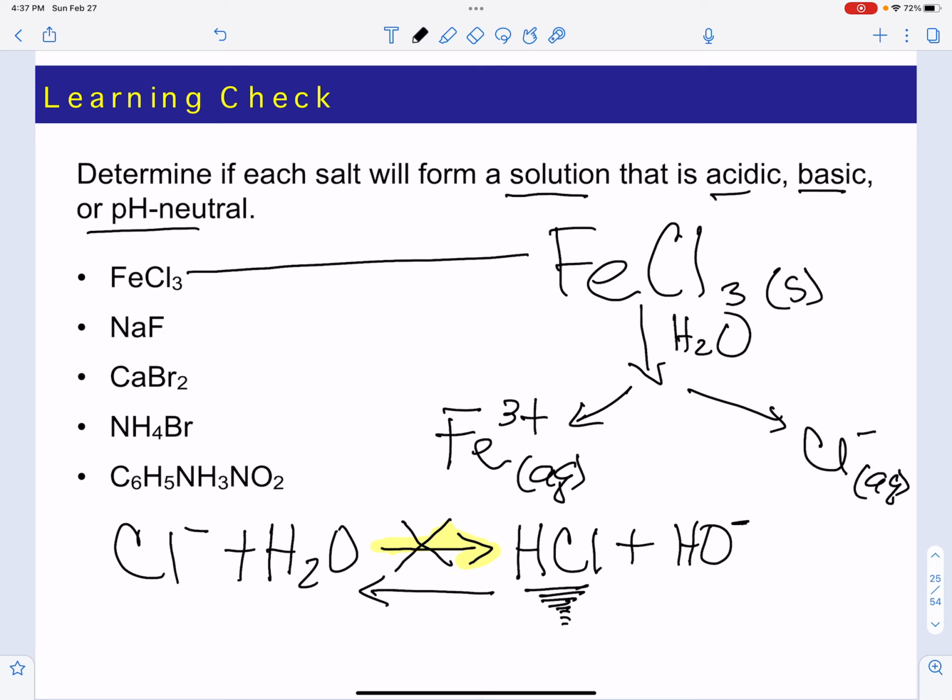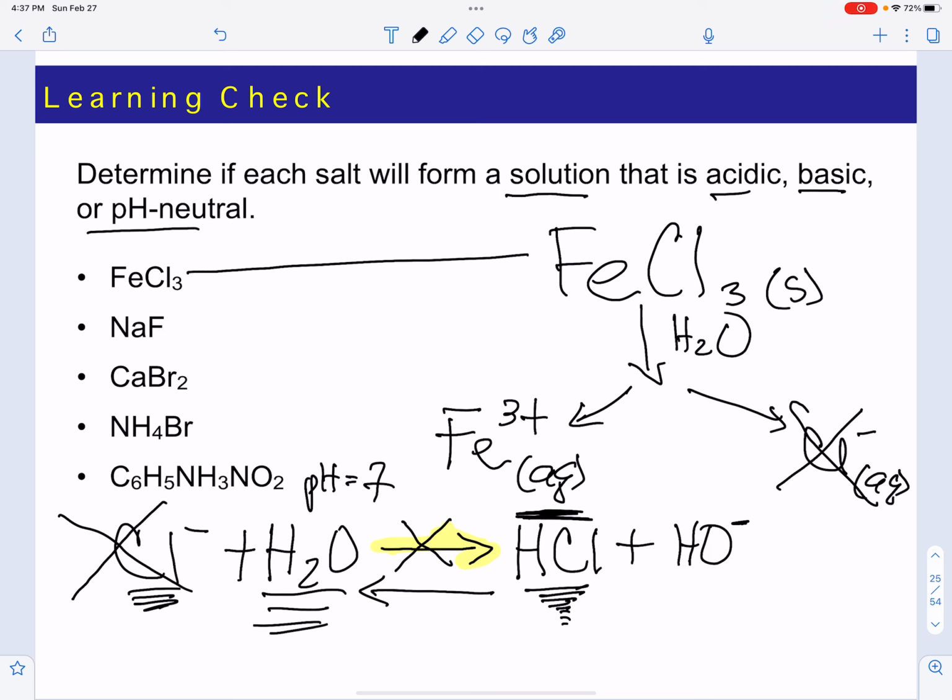Because the conjugate acid is a strong acid. Conjugate bases of strong acids are very weak bases. So this is not going to be able to take the hydrogen, so this reaction doesn't happen. So the water, which is pH equals 7, the water is not affected. So the chloride causes pH neutral.